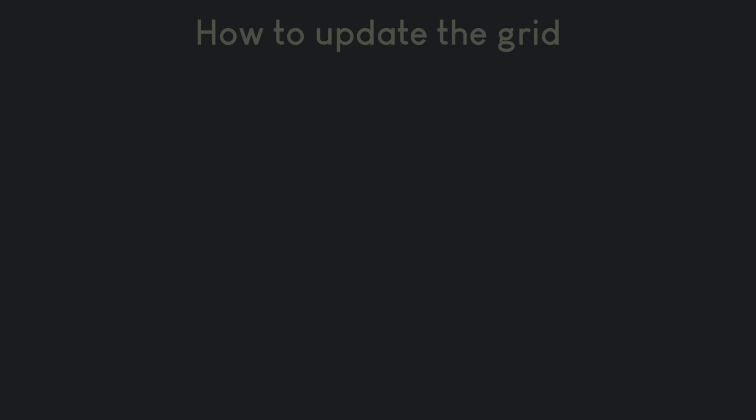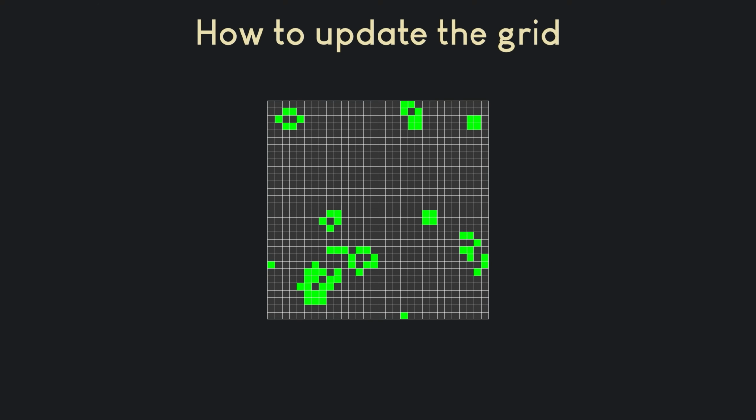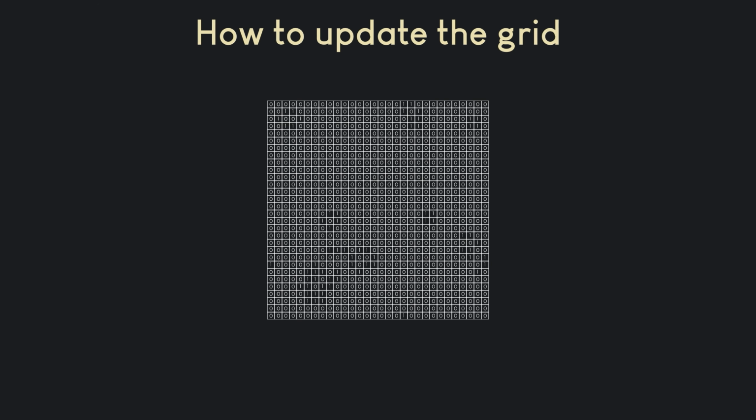Now here is the tricky part. We need to loop through the cells of the grid and apply the rules of the simulation at the current state of the grid. If a cell must be changed from dead to alive, we can't save it to the grid because this will alter the state of the grid and this will affect its neighboring cell's state as well.